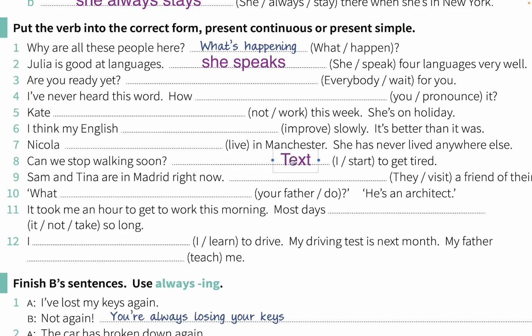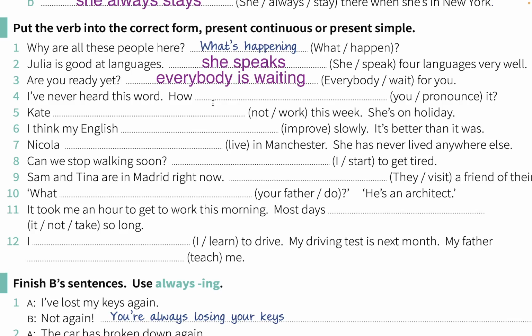Number 3, Steven. Are you ready yet? Everybody is waiting for you. Yes, correct. So are you ready yet? Everybody is waiting for you.